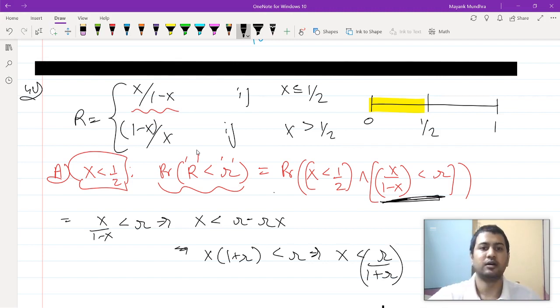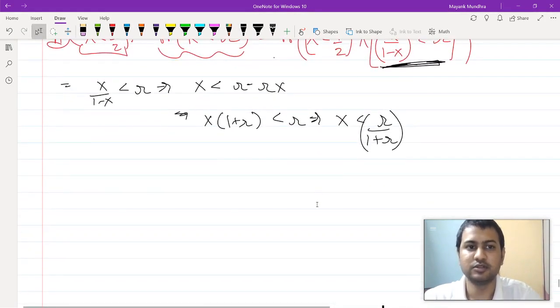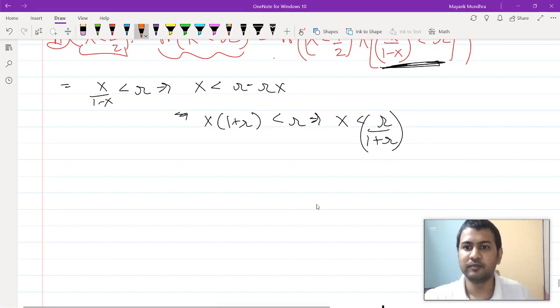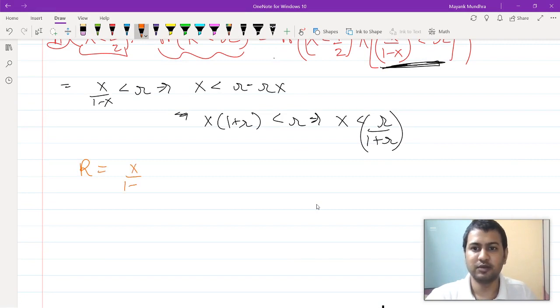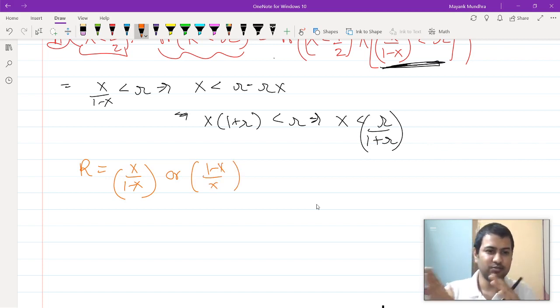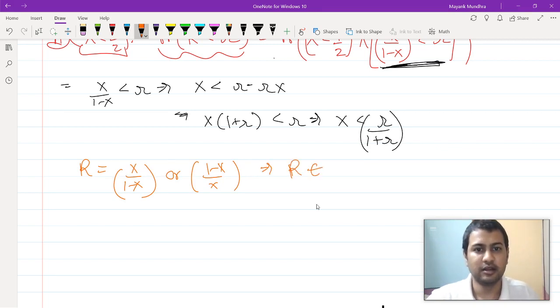Now a word about r values. What could be the values that r can take? Capital R is basically x upon 1 minus x or 1 minus x upon x. In either case, this is the smaller portion upon the larger portion. So r belongs to the set 0 to 1.